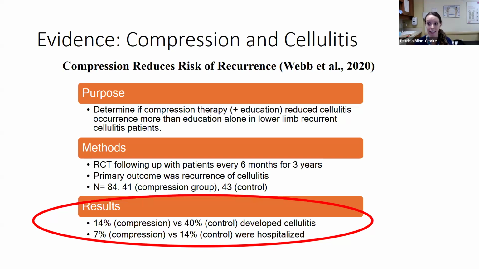And again, these are people that were already at higher risk because they had had one infection already. Also, of the compression group, of those that did get cellulitis, only half needed to be hospitalized compared to the non-compression group. So it basically reduced the chance of hospitalization by 50%.